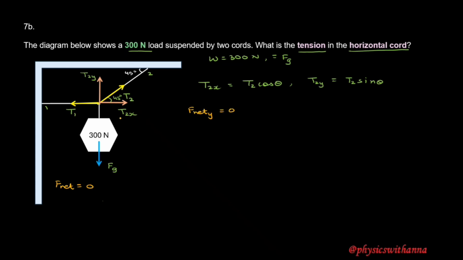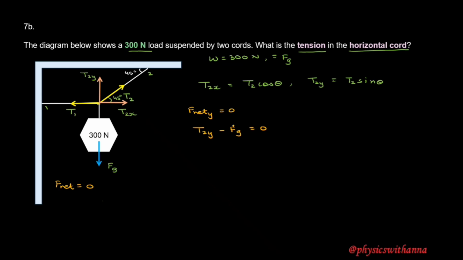Along the y-axis, we have two forces, Fg, which is pointing down, and T2y, which is going up. So we can write for F net y as T2y minus Fg equals 0. By convention, T2y is positive because it is going up, Fg is negative because it is going down.